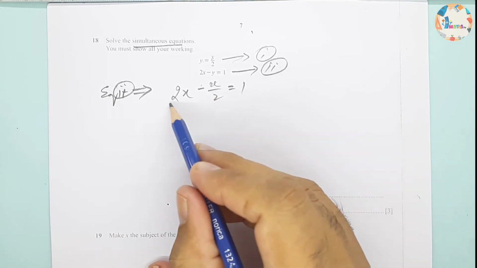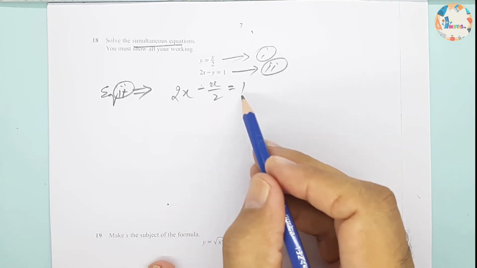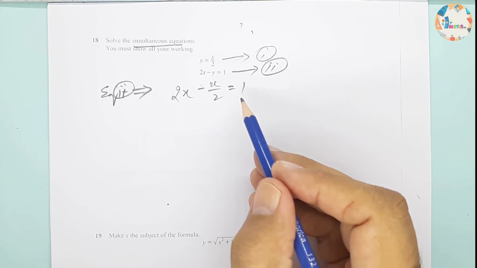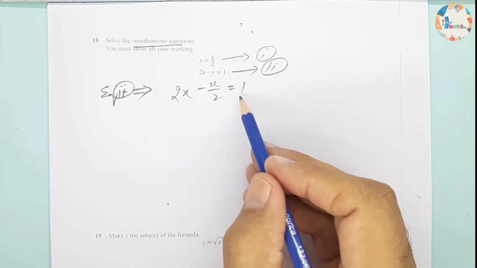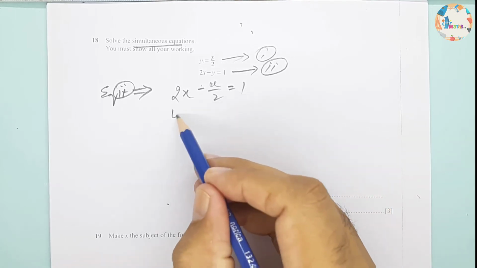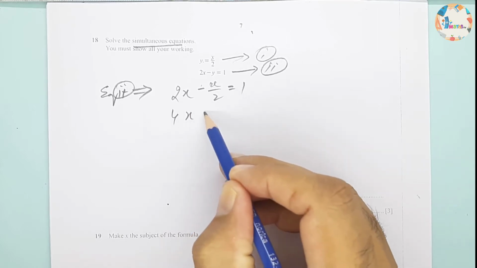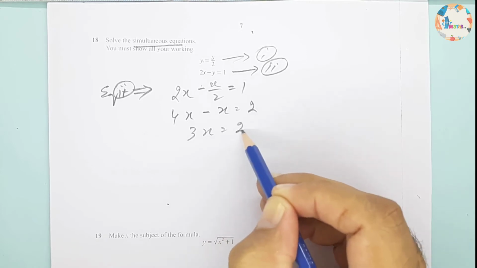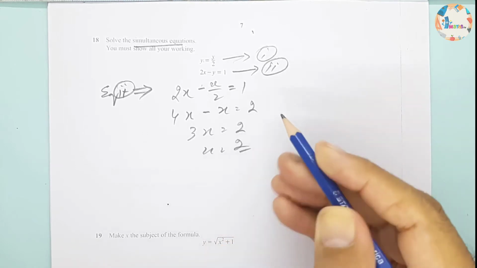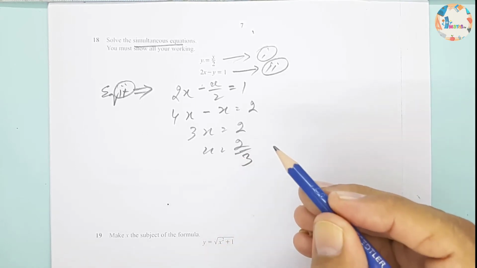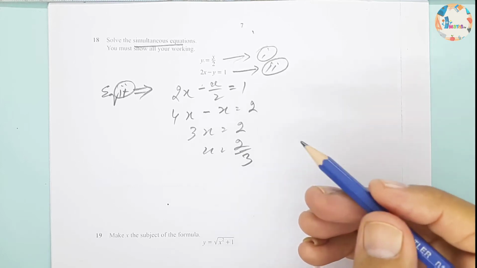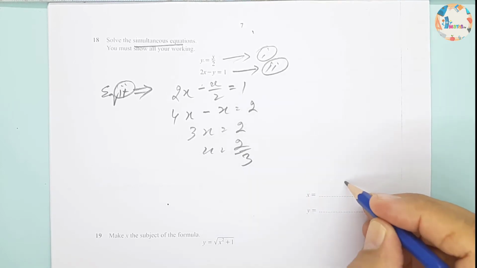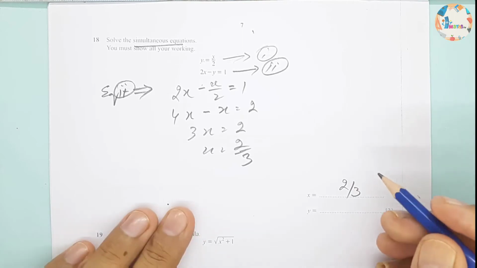So now we can multiply this one by 2. So we'll get 4x minus x is equal to 2. It means 3x is equal to 2. So x is equal to 2 by 3. 2 over 3 will be the value of x, and this x value we can write as an answer.